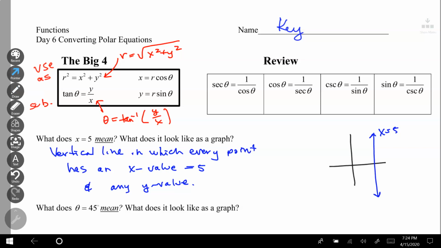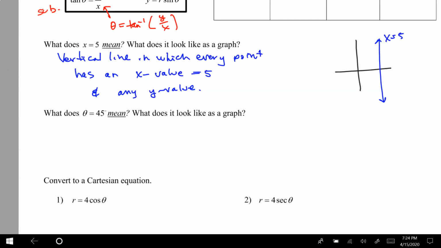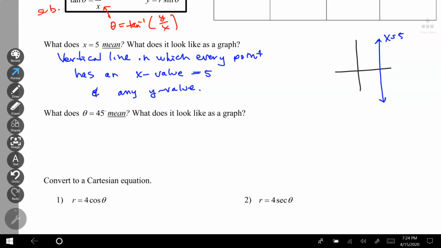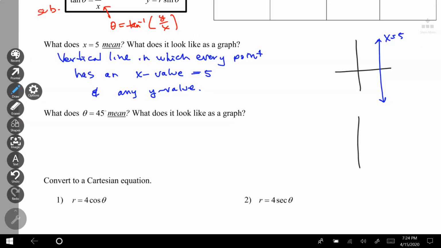As opposed to, let's go to polar coordinates. What does theta equals 45 mean? Well, if I would graph it, the graph would look something like this. Let's say I have my grid.